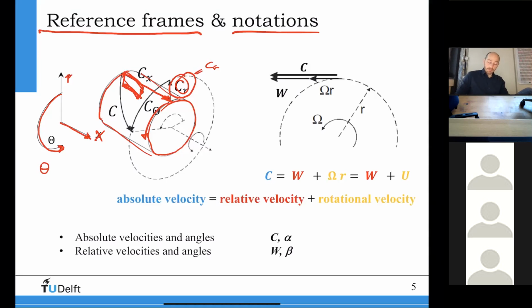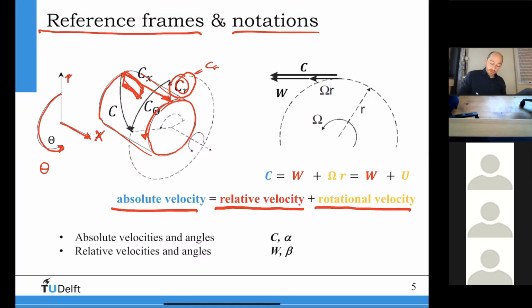Most of the time we can split the velocity into parts. The velocity which we see when we sit on top of the rotor, we call the relative velocity. Then we have the speed with which the rotor moves, which is the rotational velocity. And then we have the absolute velocity here.